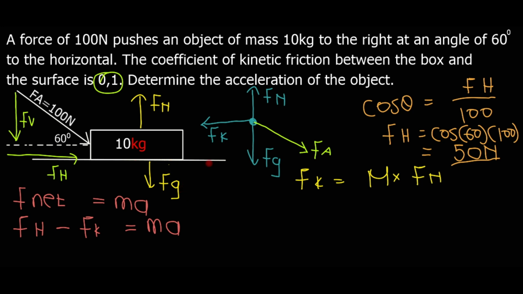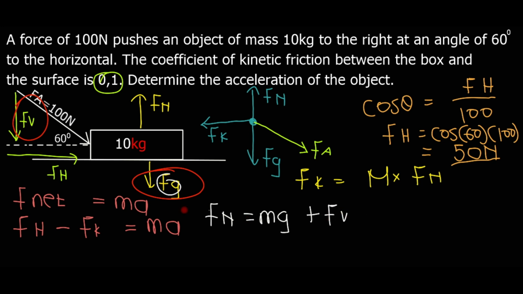For the downward forces, we have FG and FV. So Fn, which is the upward force, equals the downward forces, which are Fg plus our Fv. Remember our Fg equals mg. And then from there, we need to find the Fv.